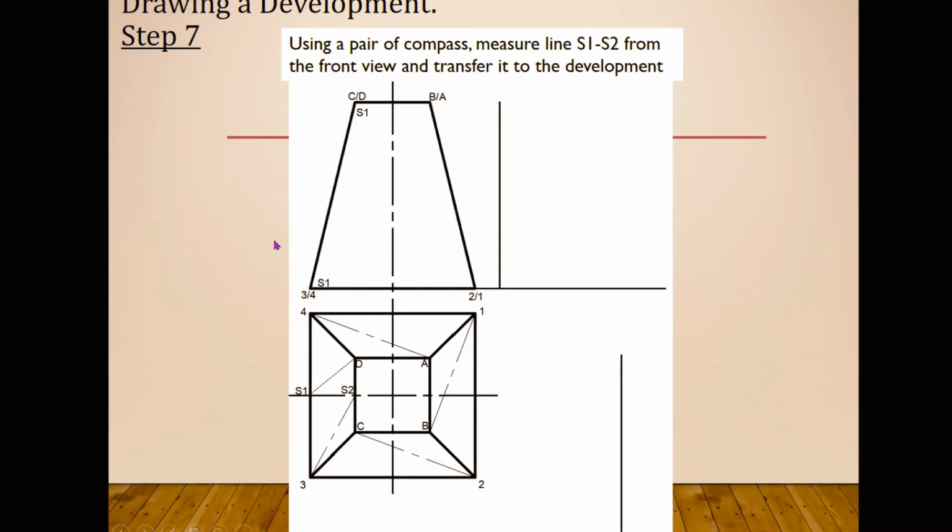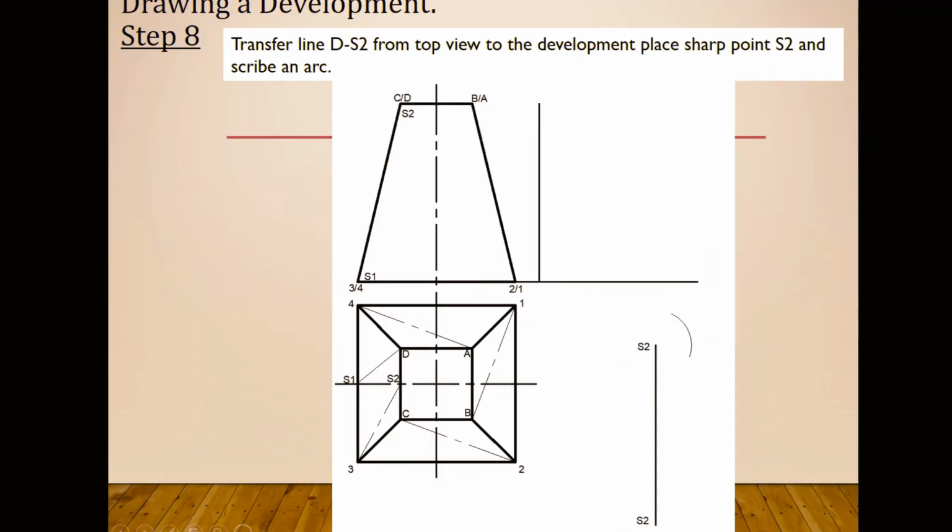Just measure from S1 to S2, and you draw a line. It doesn't have to be vertical, it can be any angle. If you want to, you can just draw it like this. It will still be fine, as long as it is this length.